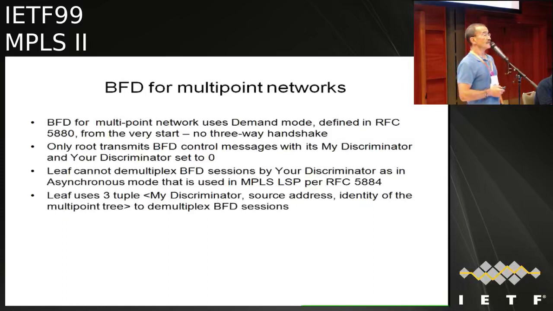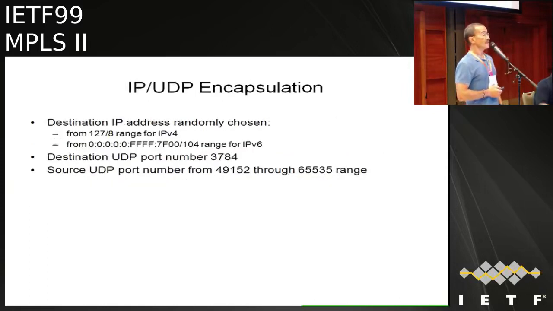So one possibility is to use IP UDP encapsulation, as described in RFC 5884, so for IPv4 we use a destination IP address from the 127/8 range, or for IPv6, another Martian.